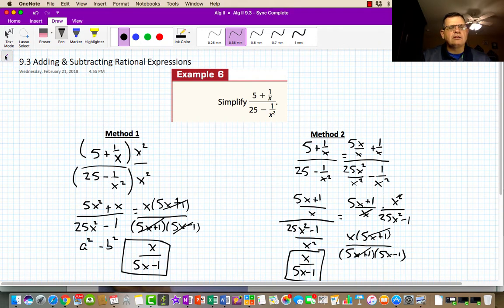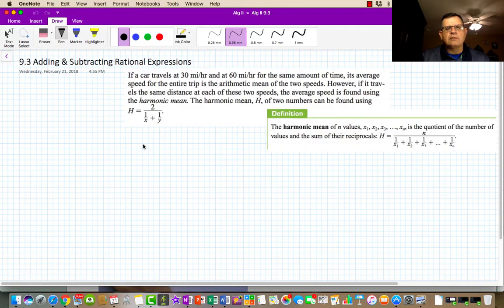All right, let's look at one more example. And this is actually a lesson. You need to understand how this works. So if a car travels at 30 miles an hour and at 60 miles an hour for the same amount of time, its average speed for the entire trip is the arithmetic mean. So if you travel the same amount of time, say 2 hours at 30 miles per hour.